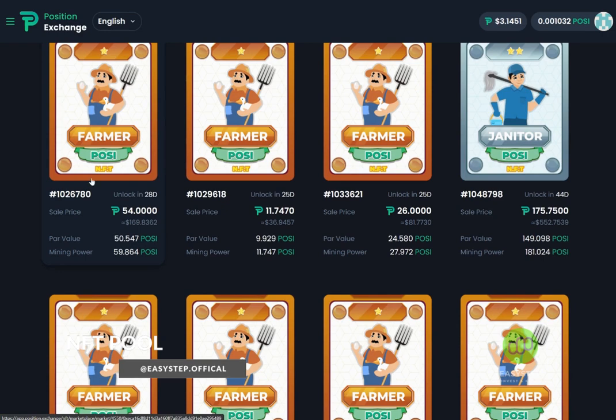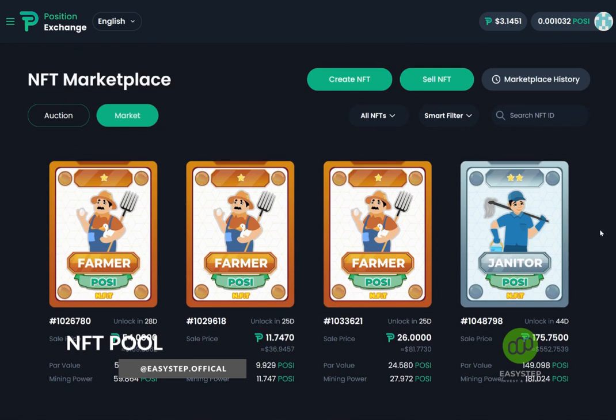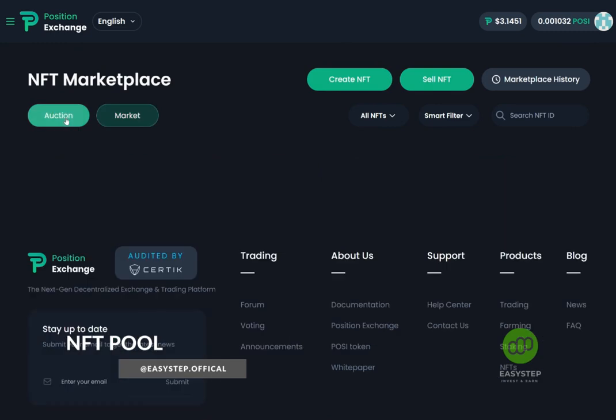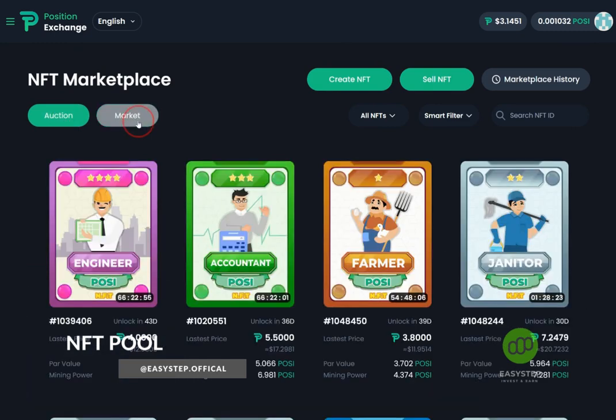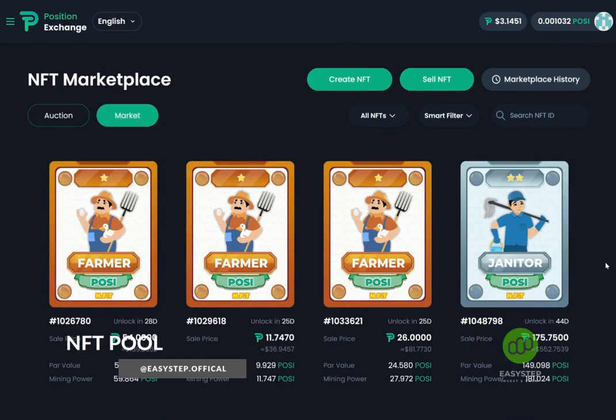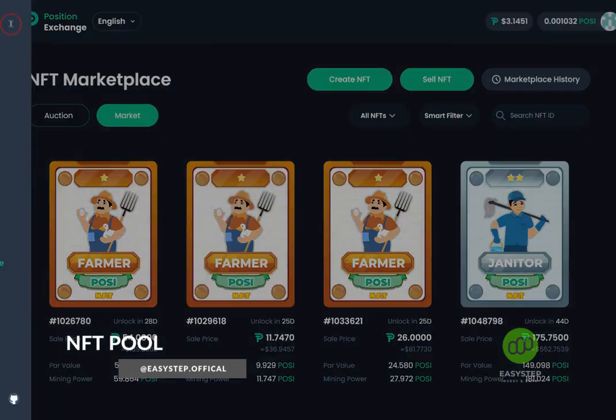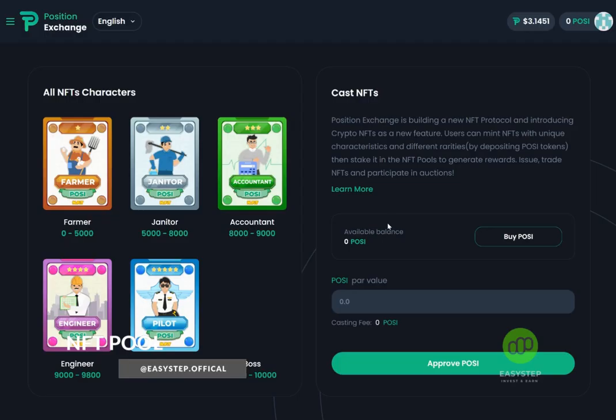For instance, this farmer's sales price is 54 POSI. It was purchased at 50.547, and the mining power, which is the amount on which you will earn interest, is 59 POSI. This is where investors are selling the NFTs that they purchased. You can put up your NFTs for auction, or you can buy and sell your NFTs here at the market. Now, another feature of NFTs is casting.